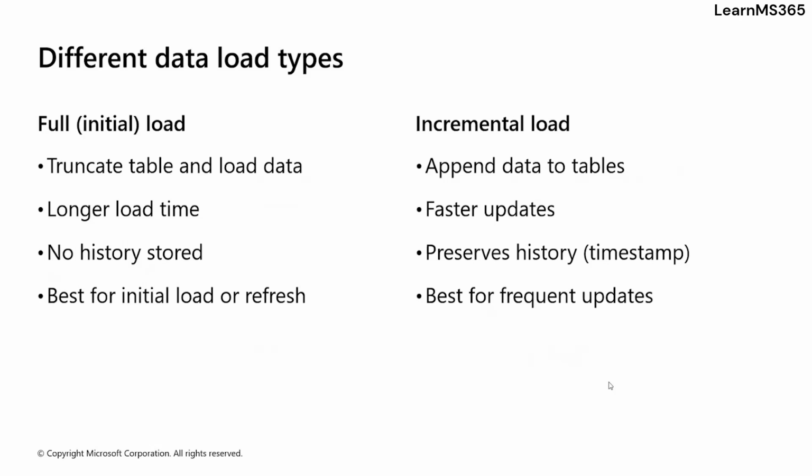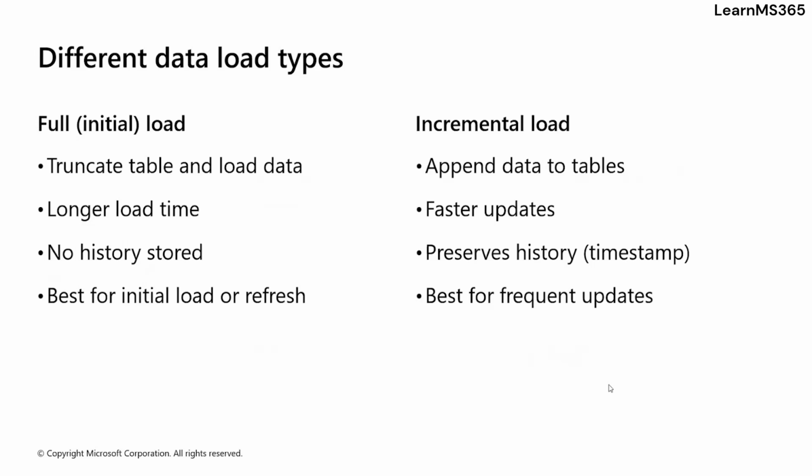It may take longer to complete due to the amount of data being handled, but it is easier to implement as there is no history preserved. This method is typically used when setting up a new data warehouse or when a complete refresh of the data is required.